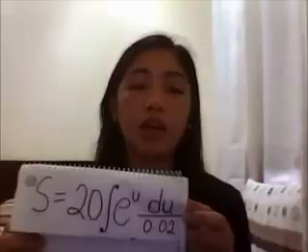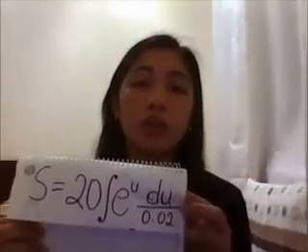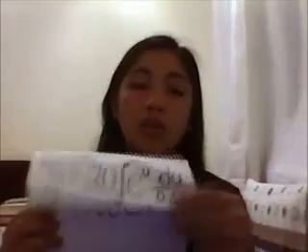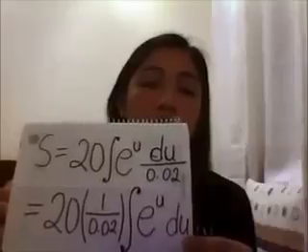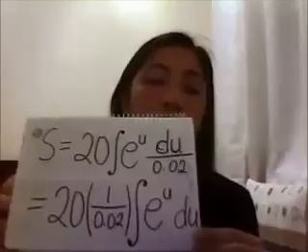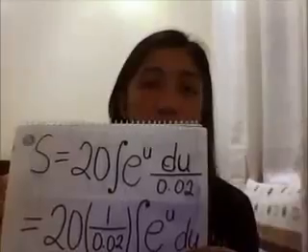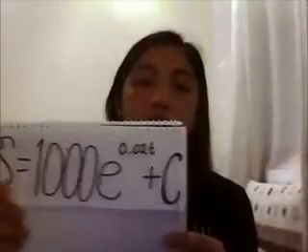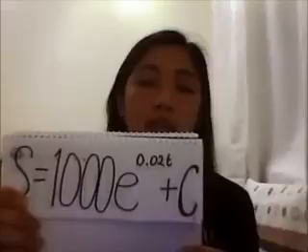Considering you have another constant multiple in 1 over 0.02, you can remove that and place it together with 20 outside, leading you with the equation S equals 20 times 1 over 0.02 times the integral of e^u du. After that, you have to integrate this equation so that you have S equal to 1000e^(0.02t) plus C.